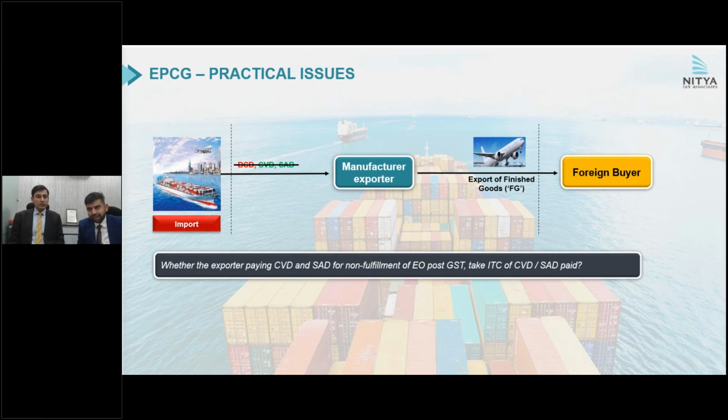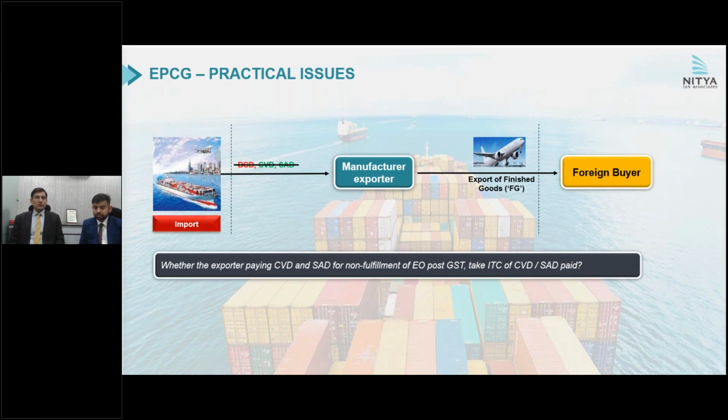So suppose in the GST regime, the person imports the capital good in the year 2016. So EO needs to be fulfilled till 2022. Suppose for some reason he is not able to fulfill the export obligation in 2020. Then in that case, he needs to pay CVD and SAT along with interest post GST.